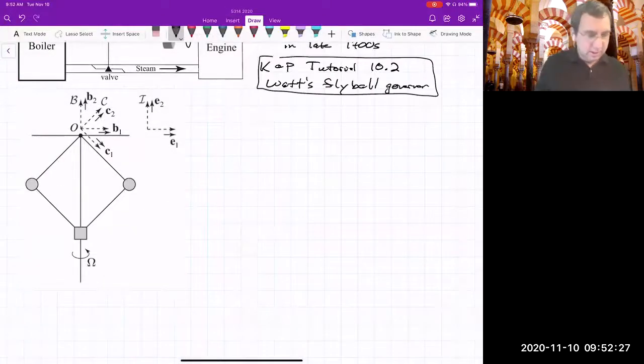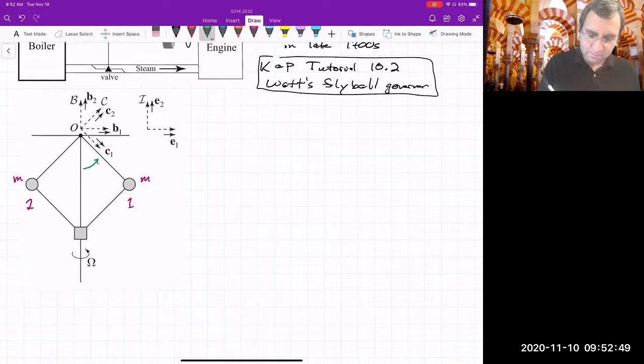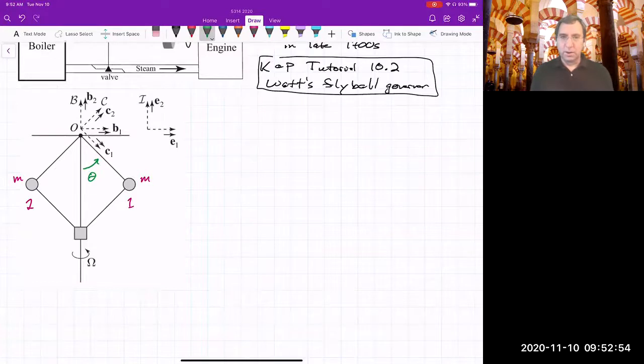This is a schematic where we've got these two masses. I'll label them mass 1 and mass 2. They're of equal mass. These are the two flyballs. And we've got an angle theta. So we'll focus on mass 1, and because there is a mass 2 on the other side, whatever we get for the kinetic energy of mass 1, we'll just double it to give us the total kinetic energy.